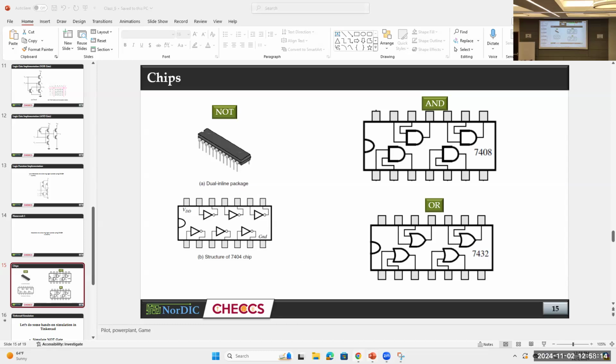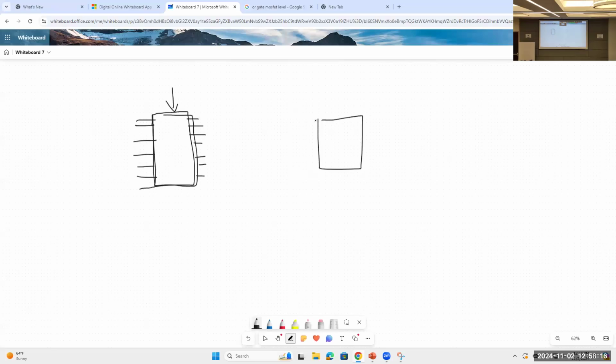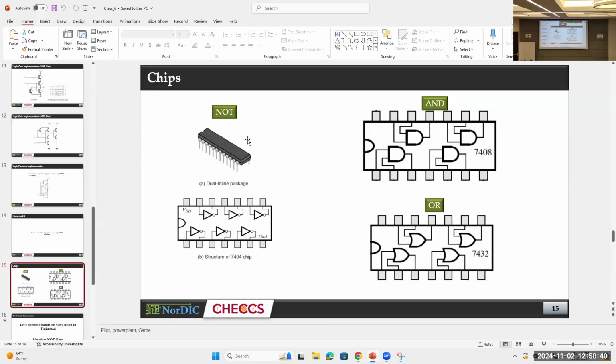But there are several other chips that have pins on all sides. The NOT gate and the other gates have two sides, but there are several chips where you will have pins in all directions.